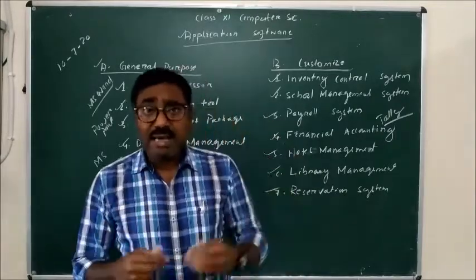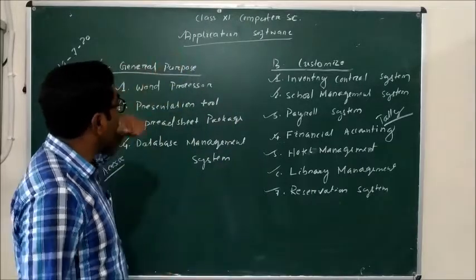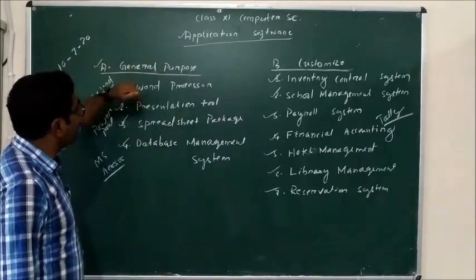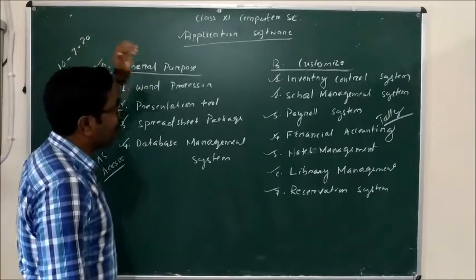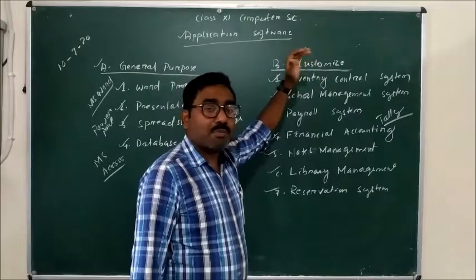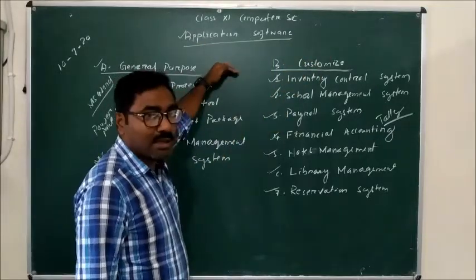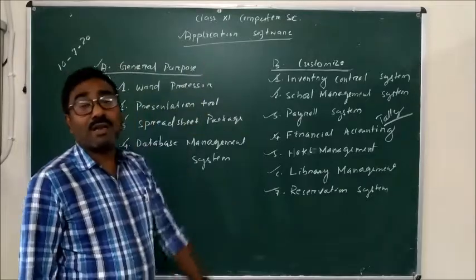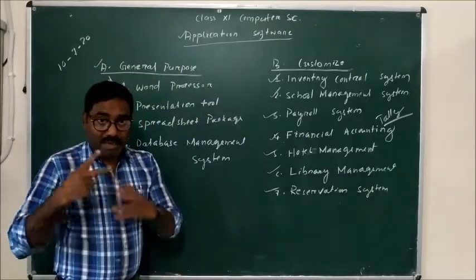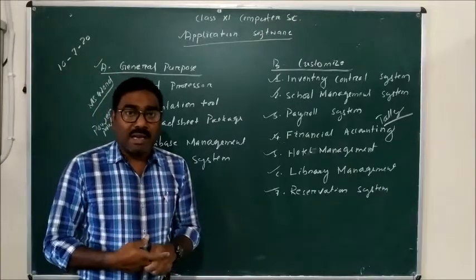And in case of application software, we have only general purpose software and the customized software. So this much for the chapter software concept, and in the next chapter we'll learn about binary calculation and digital calculation as well as logical calculation.